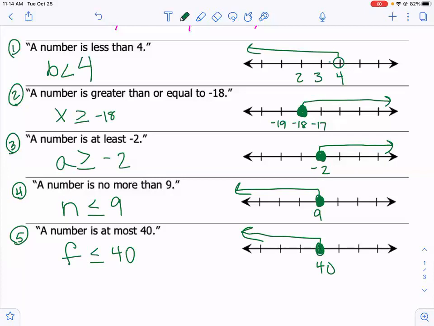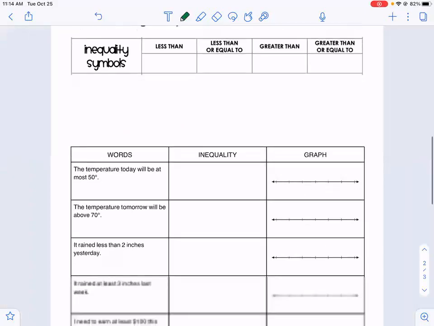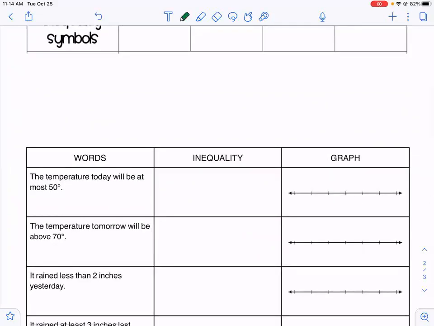Okay. Now we're gonna have some fun. We need to be able to do this with situations where it's not directly telling us what's happening. So on the next page, the first 2 deal with temperature.